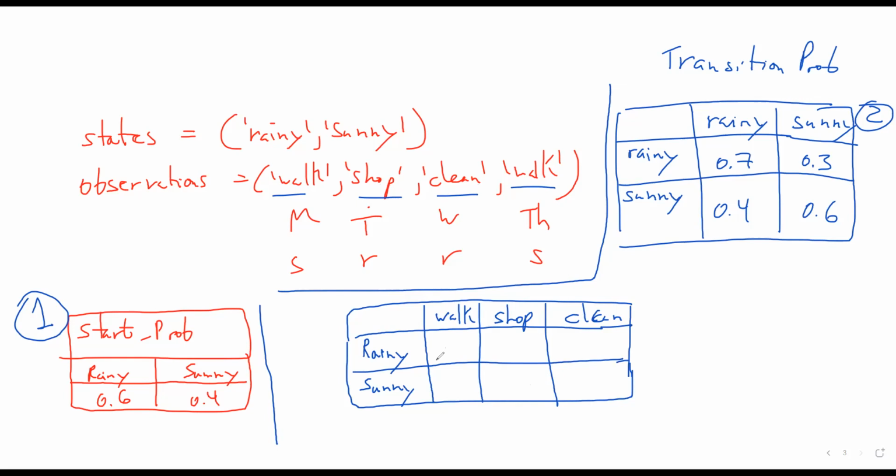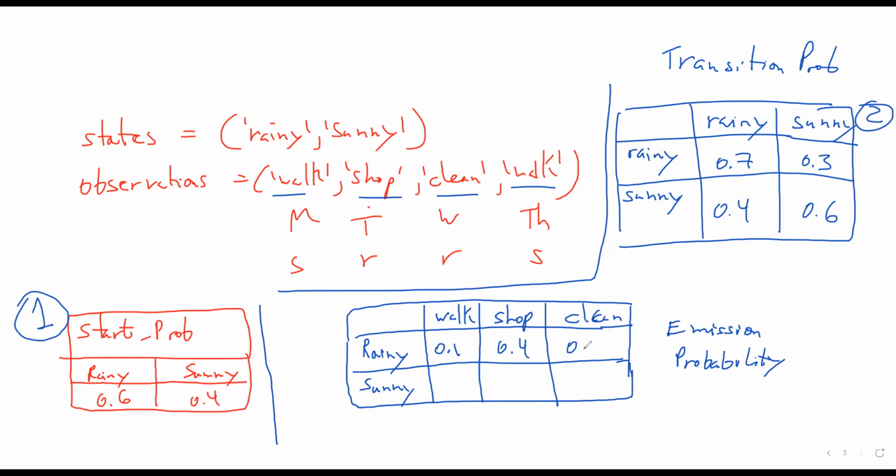And so now we have this statistic as well, this is called the emission probability. Okay. And so I'm going to say, so rainy to walk is 0.1. Rainy to shop is 0.4.